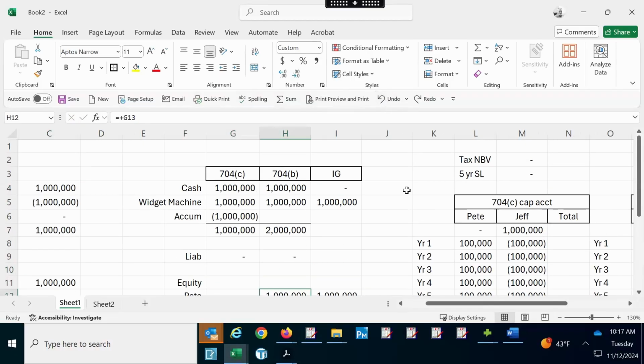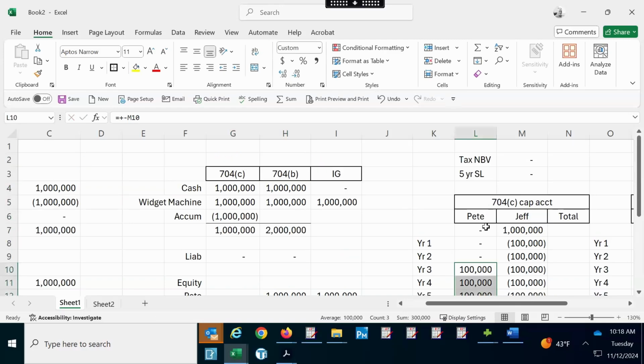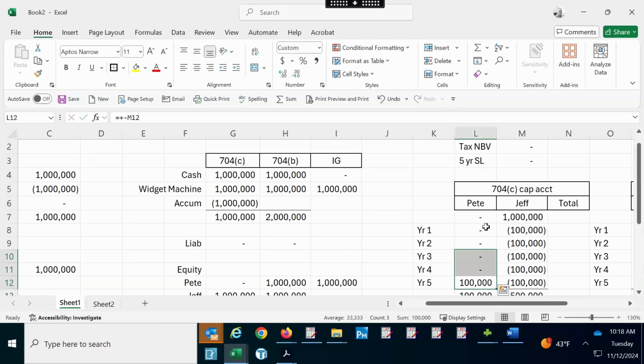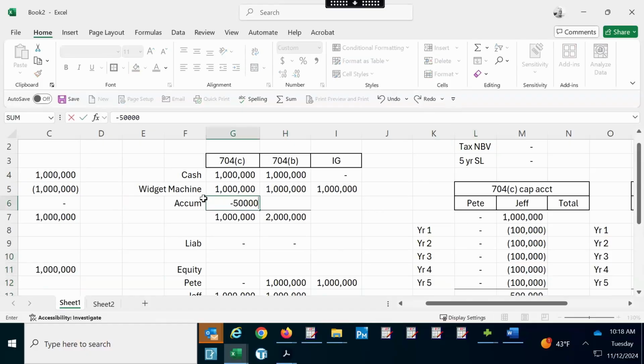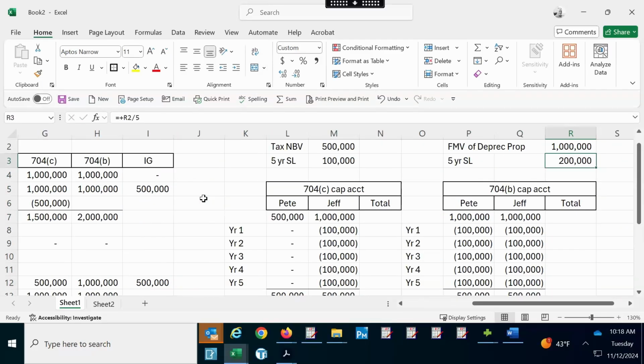I think it does. 2 million, 2 million. 0. Because this is saying this is negative 500, right? Why didn't that work? Oh, it works, right? We have $100,000. $100,000 is due to Jeff, correct? And we have $200,000 that's due for fair value. Oh, this accidentally works.